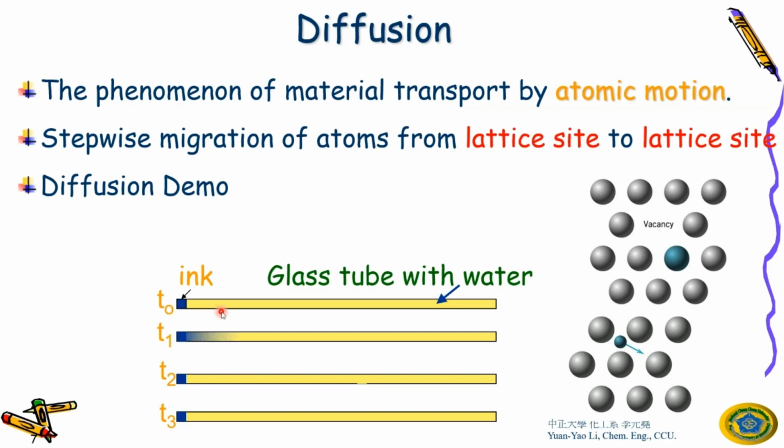But if you increase to time 1, time 2, time 3, and even time 4 or time infinite, what we call thermodynamic equilibrium, eventually this ink will be distributed in this tube evenly, right? Uniformly, right?